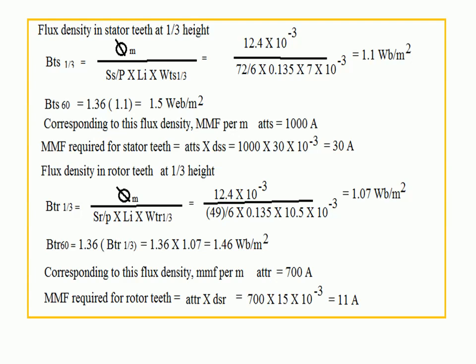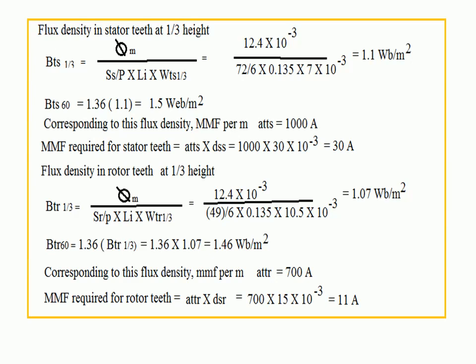In similar fashion, flux density in rotor teeth at one third height, BTR 1/3, you substitute the values. Again WTR is the width of rotor teeth at one third height from the narrow end. After getting BTR 1/3, you convert into BTR60 by multiplying by 1.36. We are going to get 1.46 Weber per meter square.